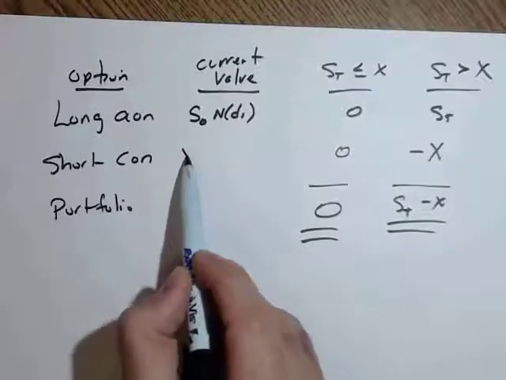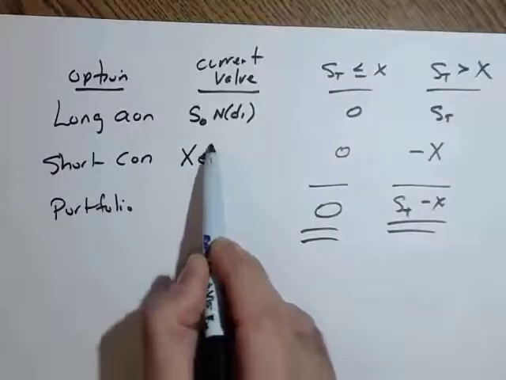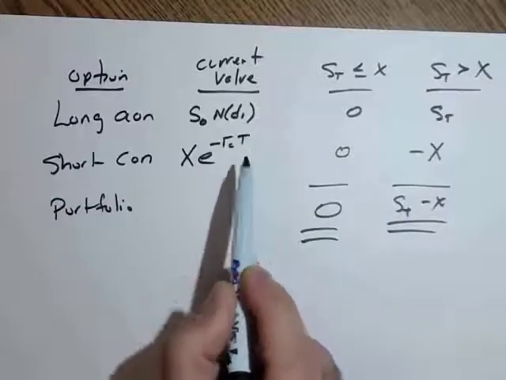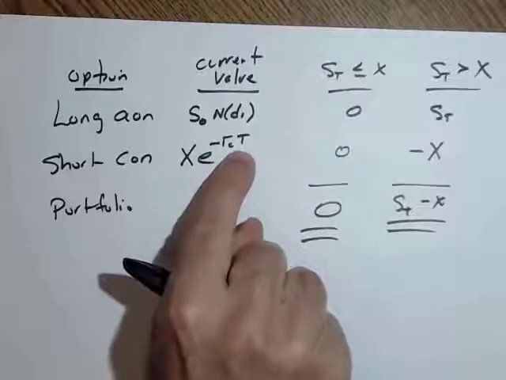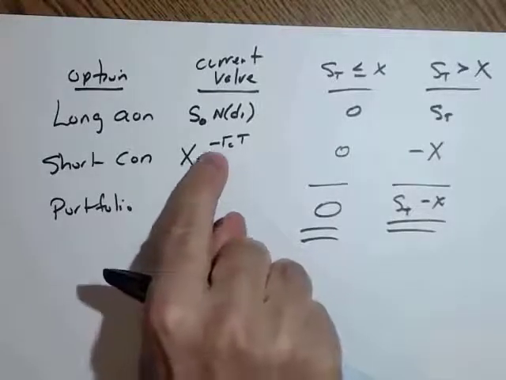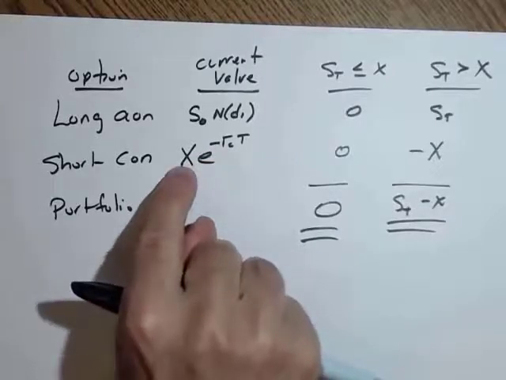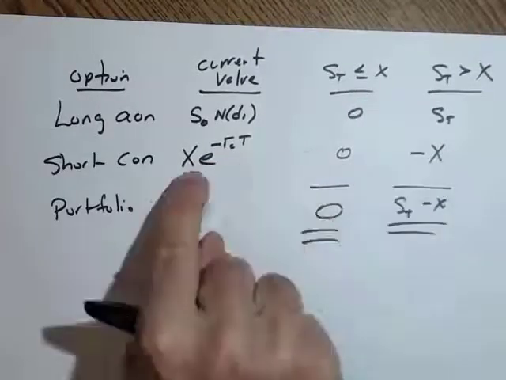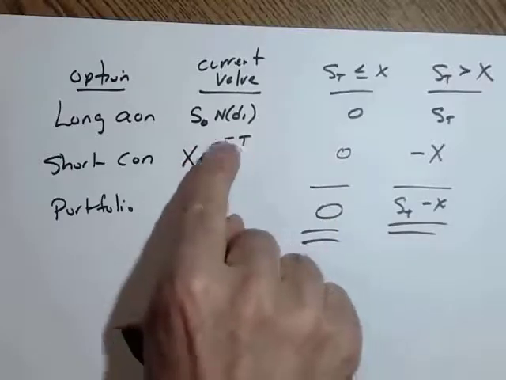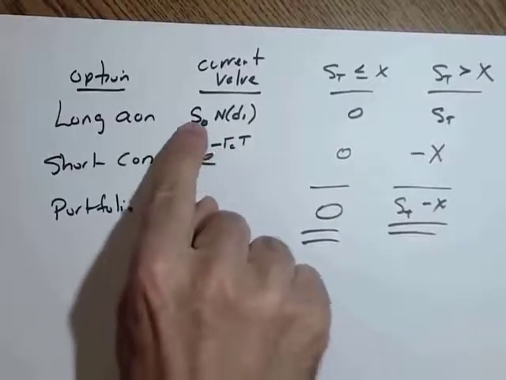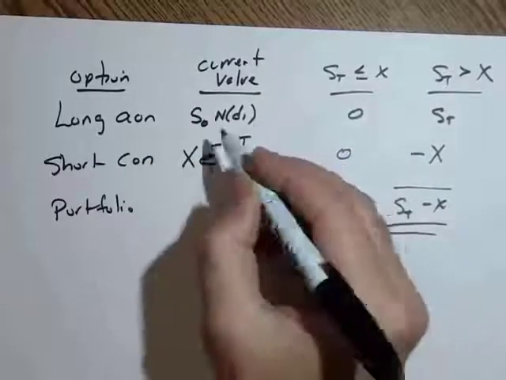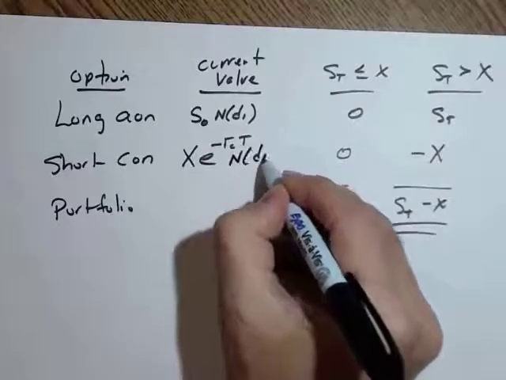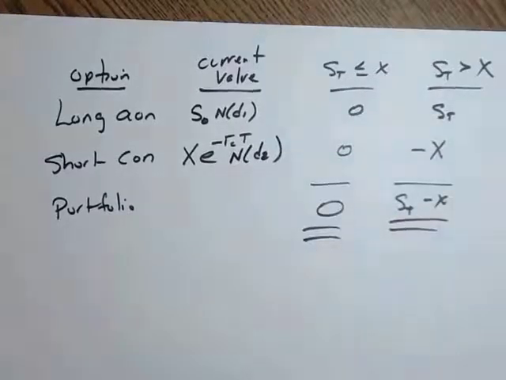Well, it's the strike price with the present value. Remember, e to the minus risk-free rate times T is the discount factor, times the strike that you're going to get at expiration. So this component is the present value of the strike, just like the stock price is the present value of the stock. Then we have to adjust it by the probability of having to pay the strike at expiration.